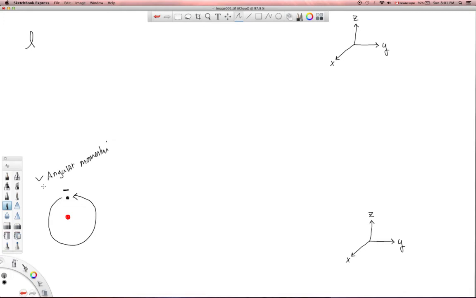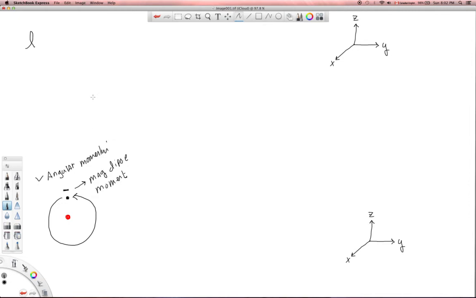Because it has angular momentum, and the electron is charged, it's also going to have a magnetic dipole moment associated with it, in addition to angular momentum.